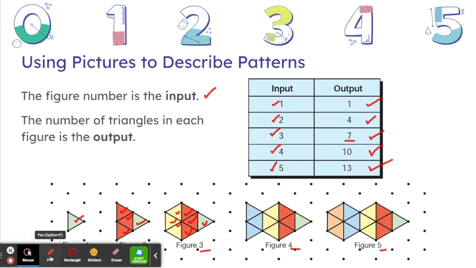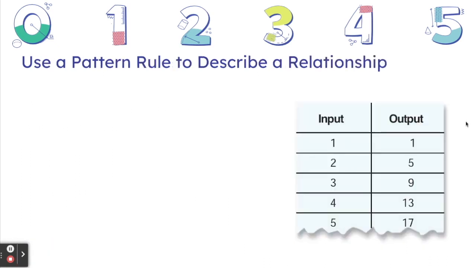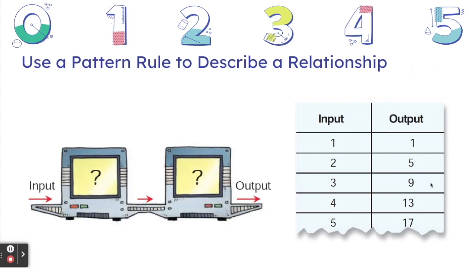We can use a pattern rule to describe the relationship between the two columns in a table of values. In this case, the table shows the input and output for this 2-operation machine. Now that means that our input-output machine does 2 operations.